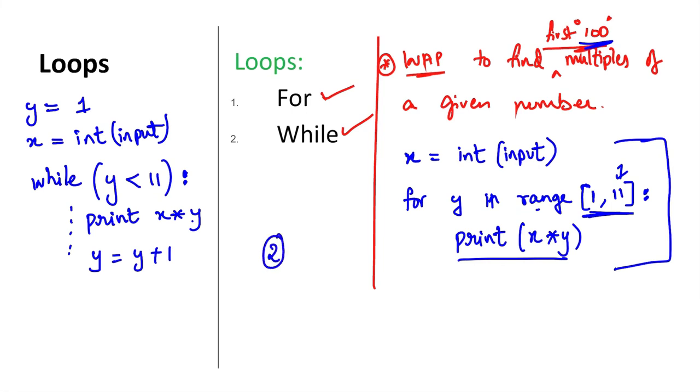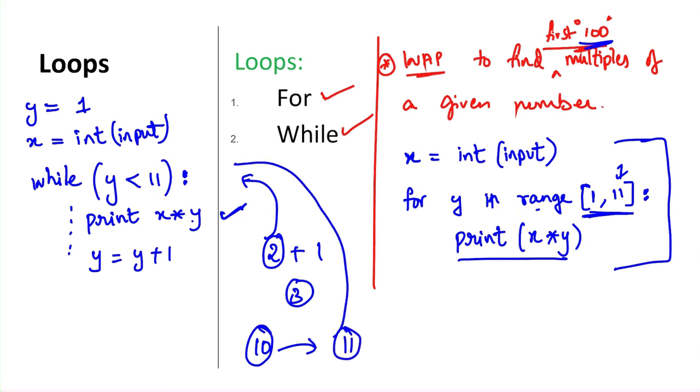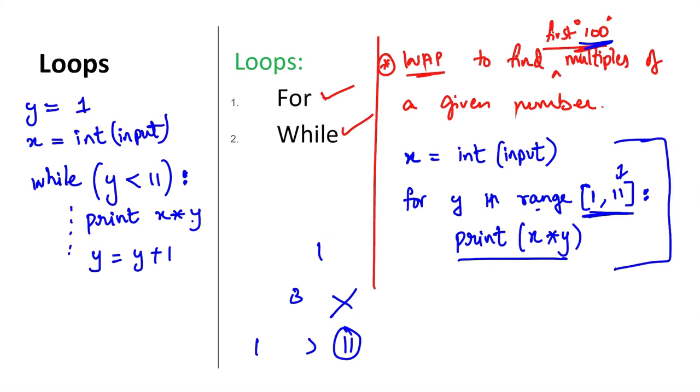This will check while y is less than 11. It's still less than 11, so it will print again and increment by 1, which means 3. In this way it will continue until 10, and after the 11th increment this condition will be false and the loop will stop. So this is how while and for loops work, and these are some examples. I hope this is clear, and thank you.